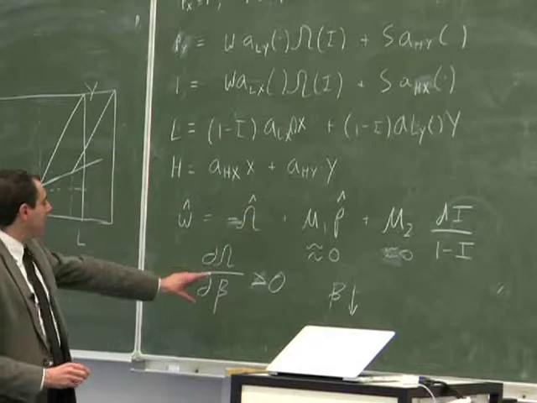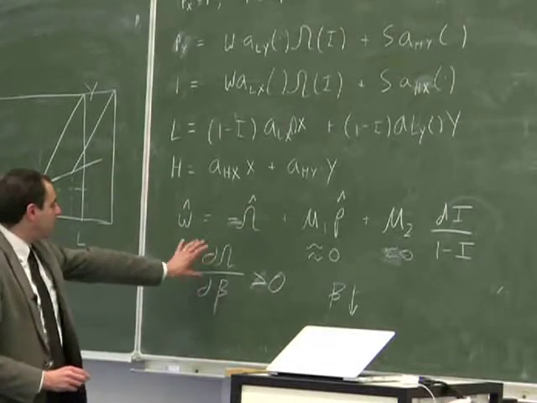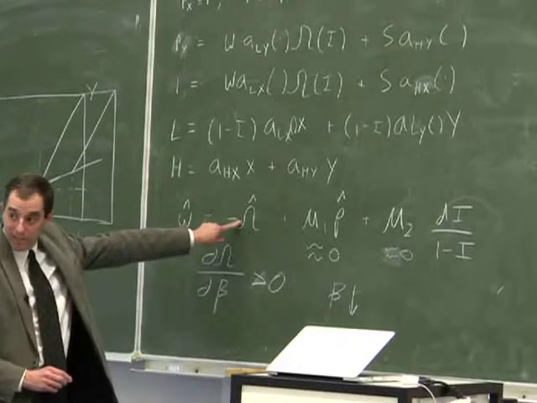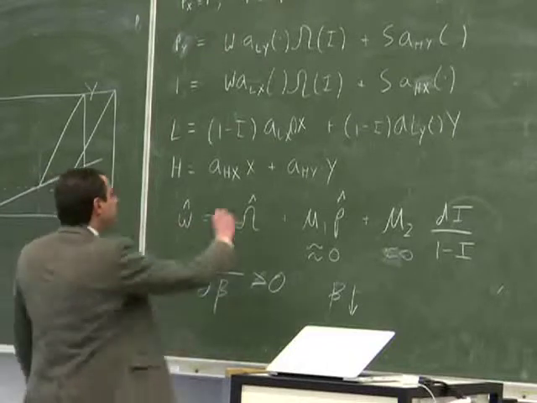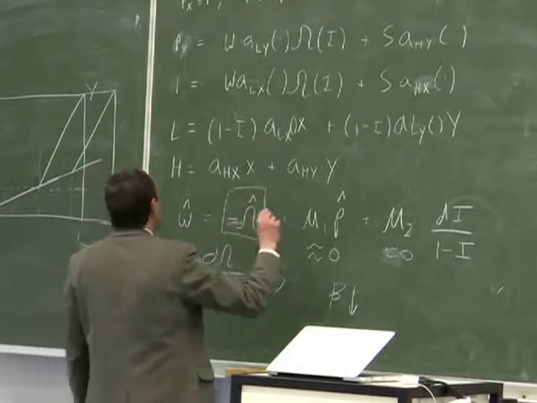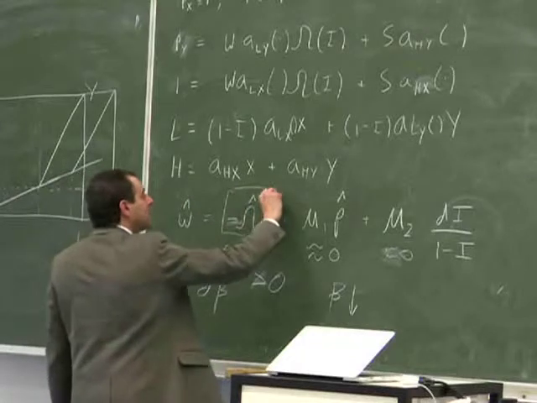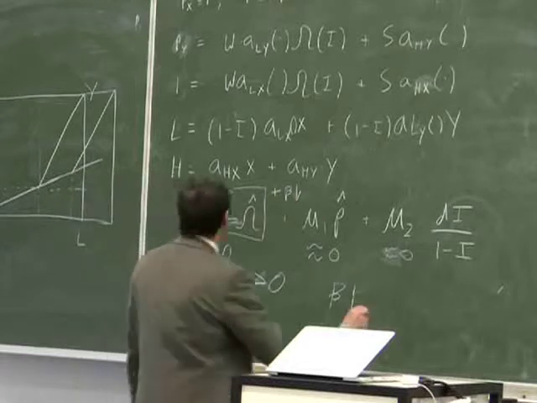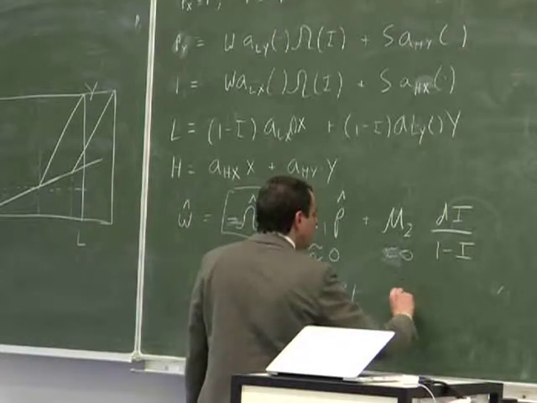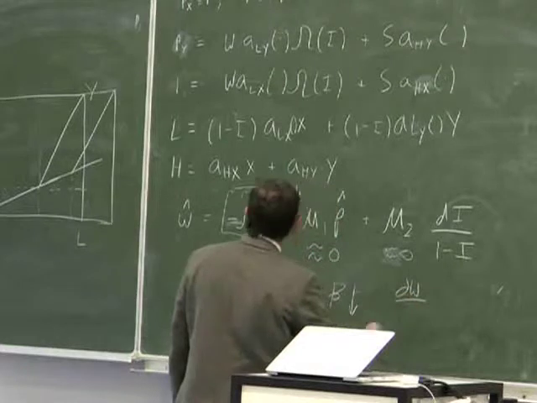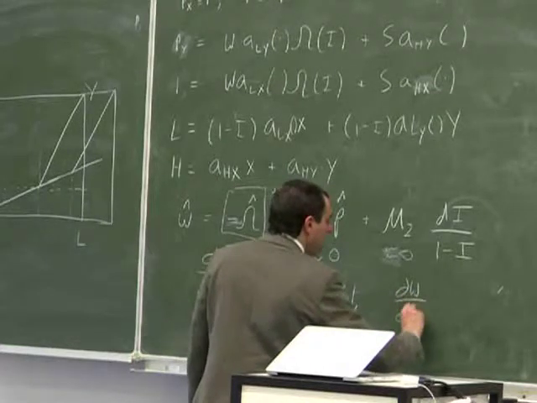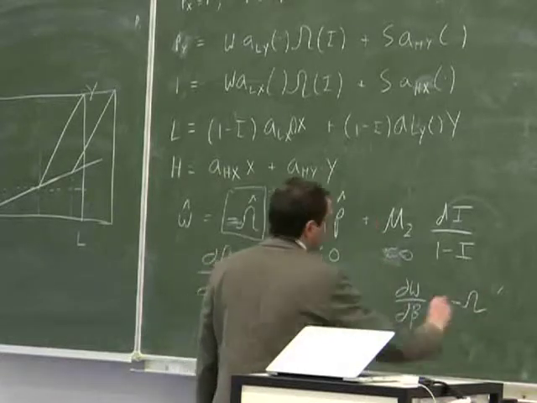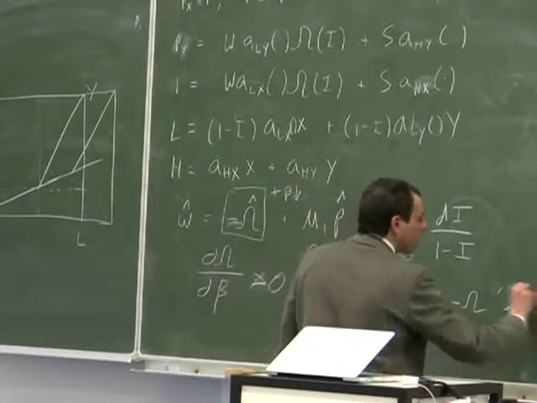That means that d omega d minus beta is going to be less than 0, and that enters here positively. So this net term would be positive for beta declining. This says that dw d beta is equal to minus omega, which is greater than 0.